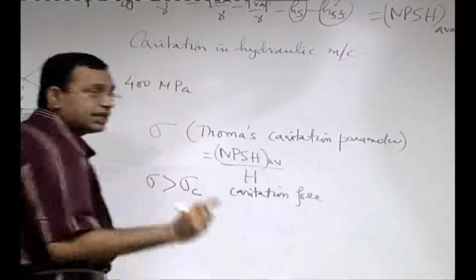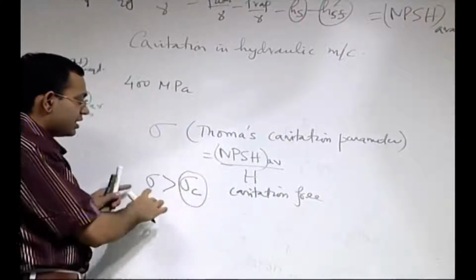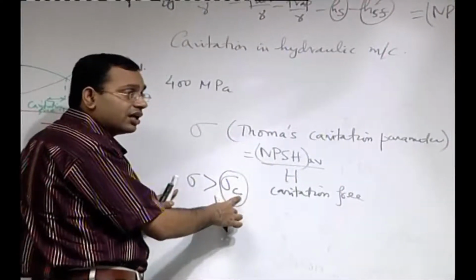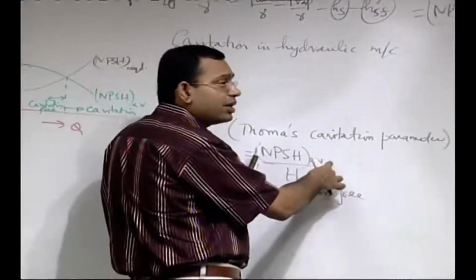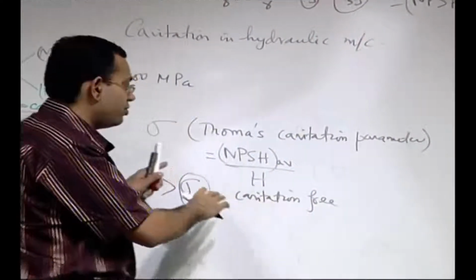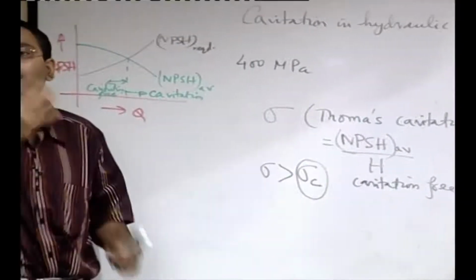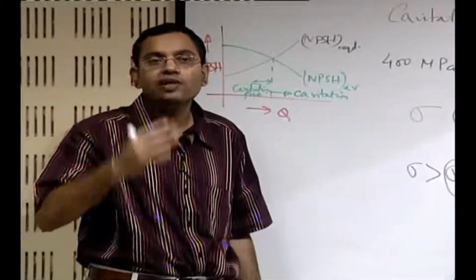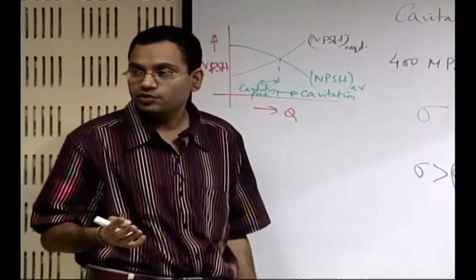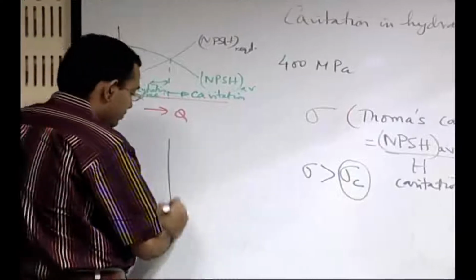Why is it so? Qualitatively, sigma c is a critical cavitation parameter, and sigma greater than sigma c is as good as NPSH available greater than a threshold value. So it is at the end qualitatively saying that NPSH available should be greater than a threshold value, so that it is always more than NPSH required to avoid cavitation.